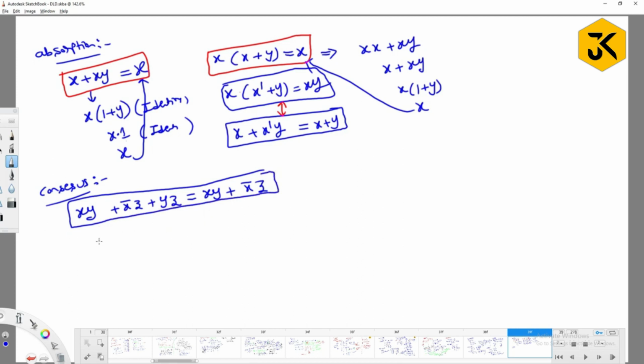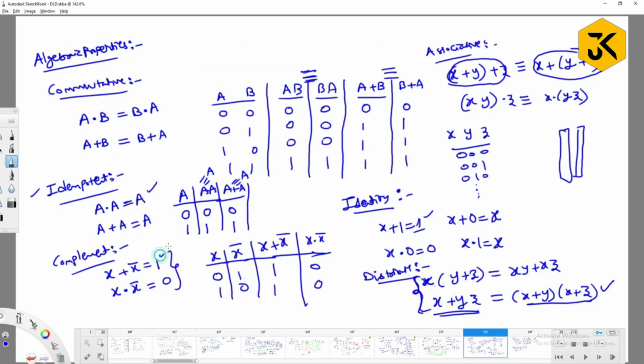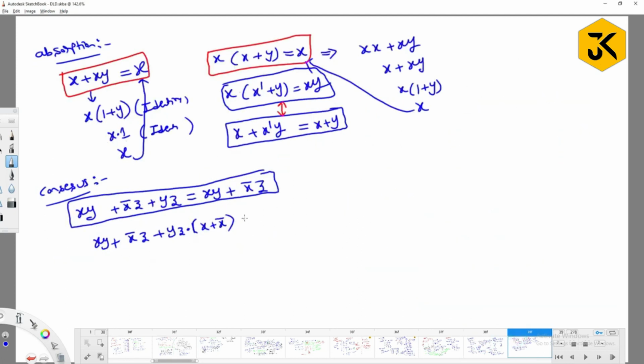Try to solve xy plus x bar z plus, guys observe here, yz. Can I write it as yz into 1? Yes, right. In place of 1, I can write x plus x complement. Can I write x plus x complement as 1? Yes, based on the complement rule.